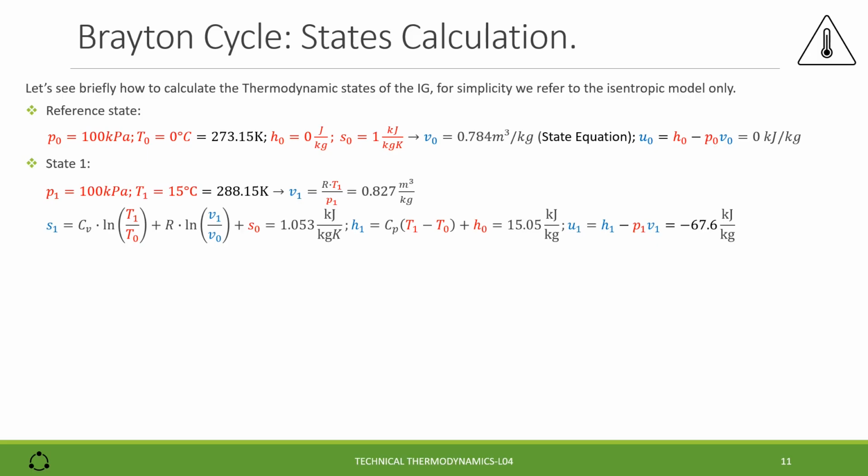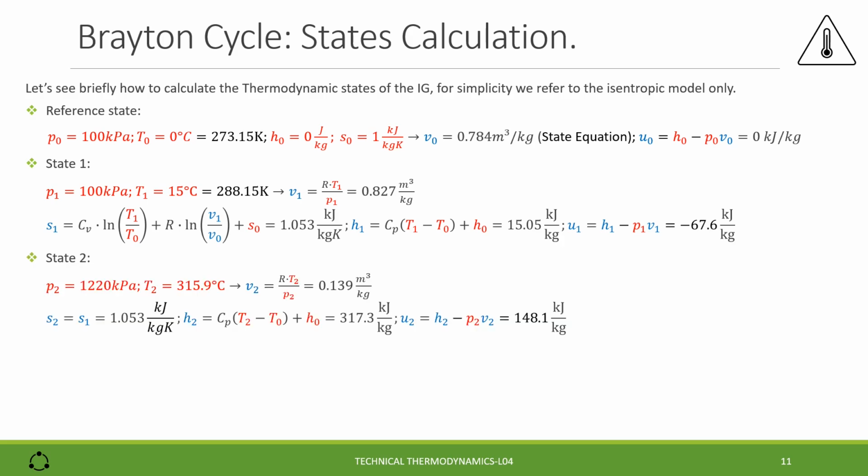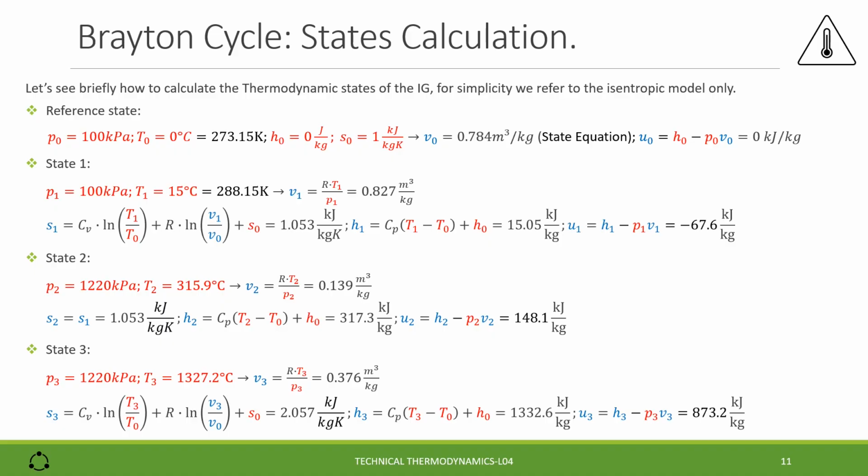In the same way, we calculate the thermodynamic variables of the state 2 and the thermodynamic variables for the state 3 and 4. The state 4 we will see in the next page.